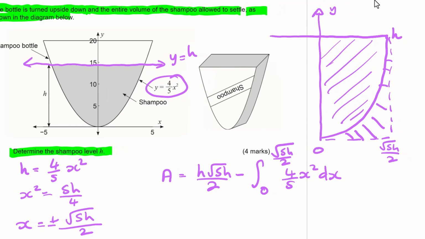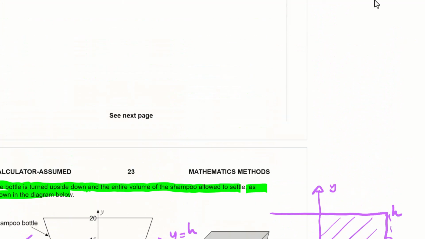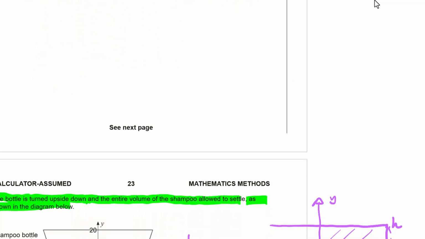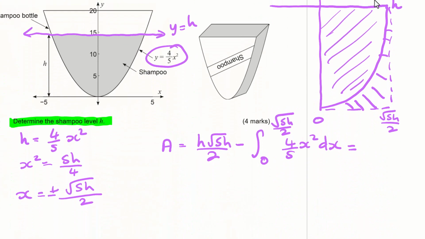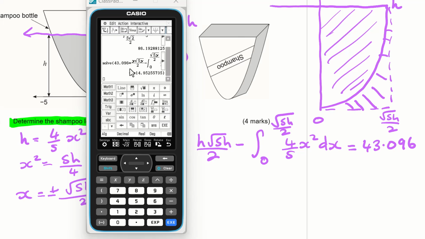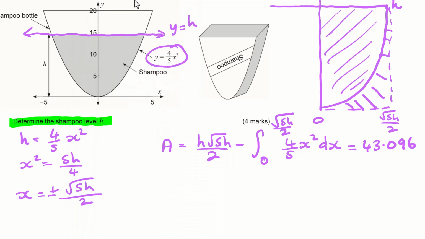And that needs to be half of the area that we found in part 1, 86.192 and so on. So that is going to be 43.096. And we're just going to solve for that on the class pad. And there you can see I've solved that on the class pad, and my answer is 14.95. So we get h is equal to 14.95 centimetres, correct to 2 decimal places.